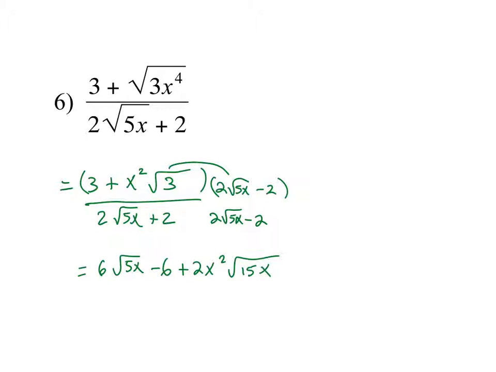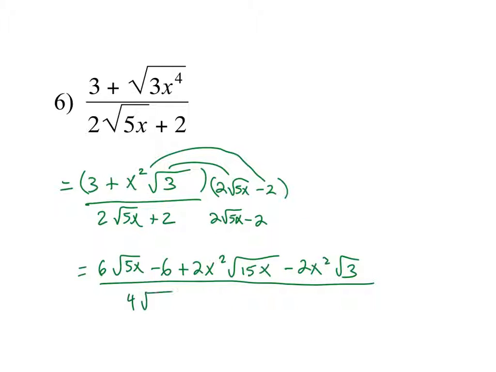And now x squared square root of 3 times negative 2 is negative 2x squared square root of 3. Now I don't have any like terms because none of my radicals are the same, so I can leave it like that, divided by 4 square root of 25x squared.